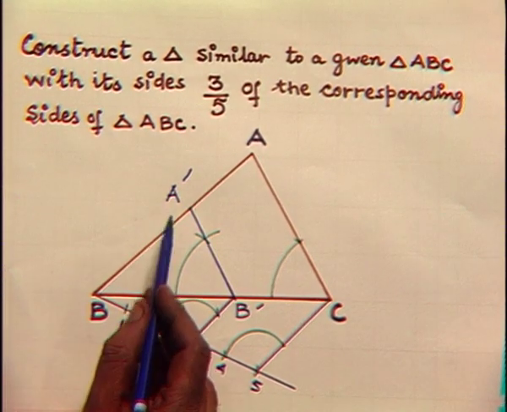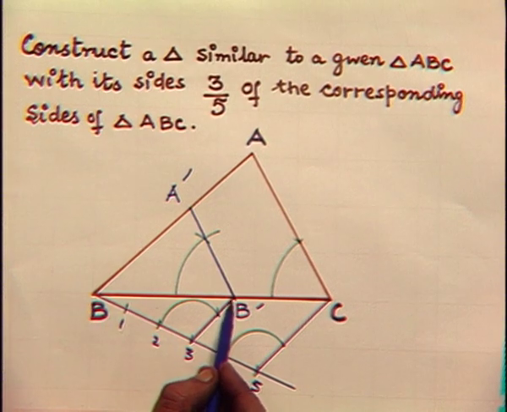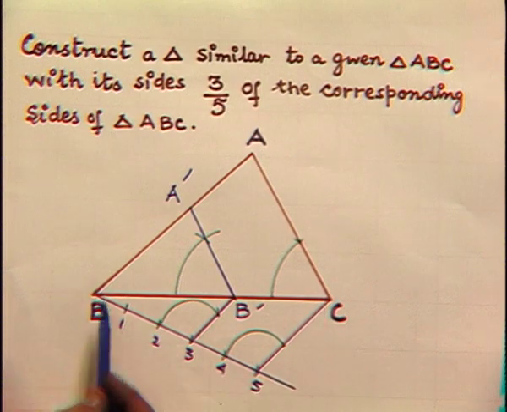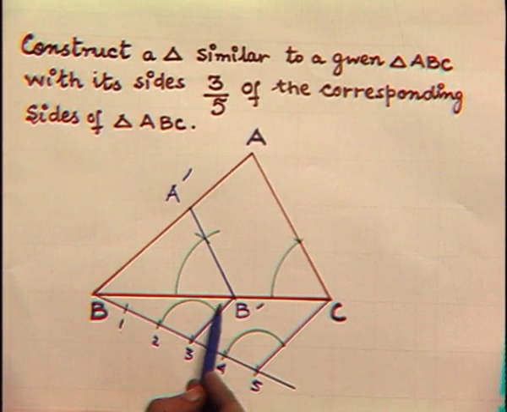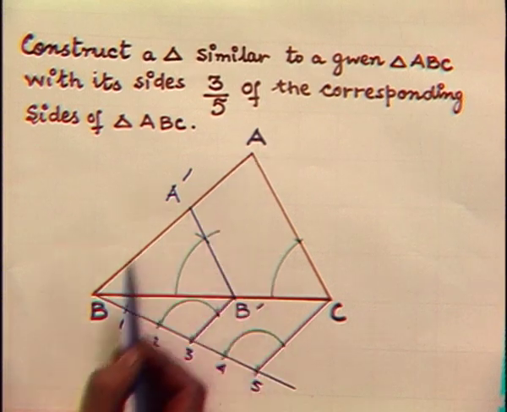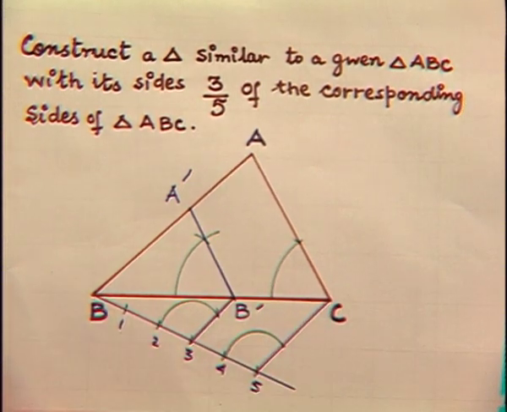Now, the triangle A dash B B dash is exactly similar to triangle ABC, but its sides will be 3/5 of the corresponding sides of the triangle ABC. Let us verify one of these sides.